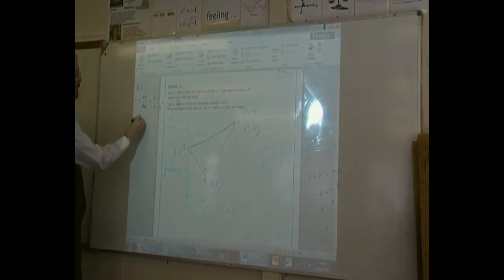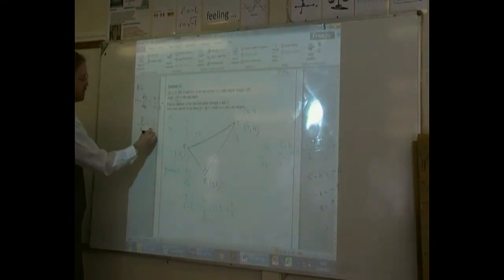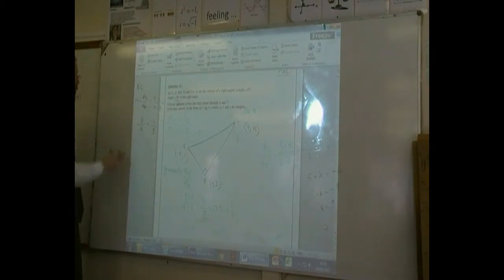So 9 take away 1 is 8, 4 take away minus 2 is going to be 6. We can simplify that to 4 over 3. So our gradient from A to C is going to be 4/3.